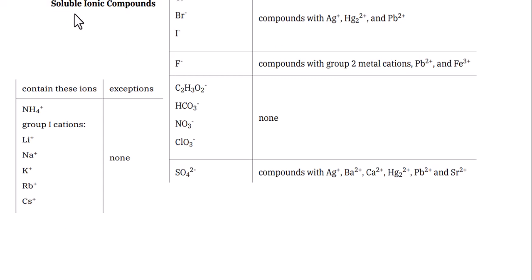So here we have soluble ionic compounds. They are able to dissolve inside of a solution or a solvent. Remember what we said: the concentration of these exceeds the concentration of the substance in which they dissolve.